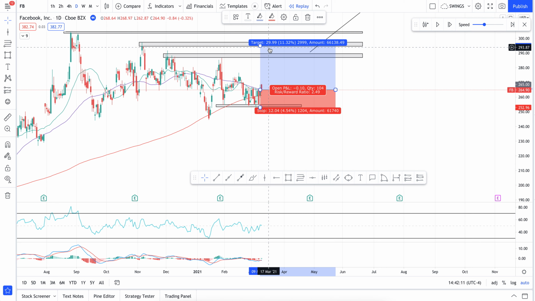Now, normally what I do in my brokerage account, I normally don't set my take profit automatically. I normally just set my entry and my stop loss, and then I let the price run, and then I manually exit the trade, right? But you can choose to do that, or you could do it the other way.